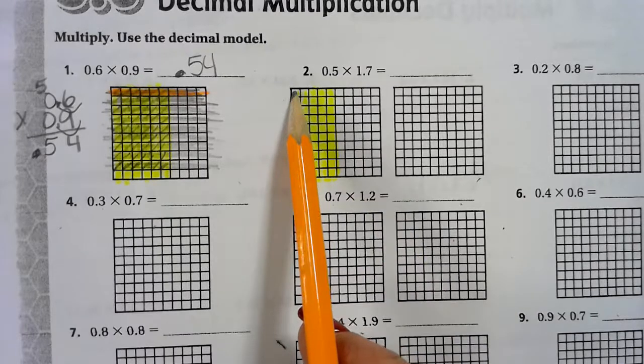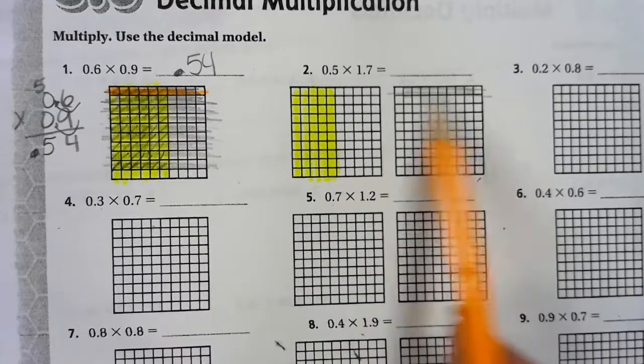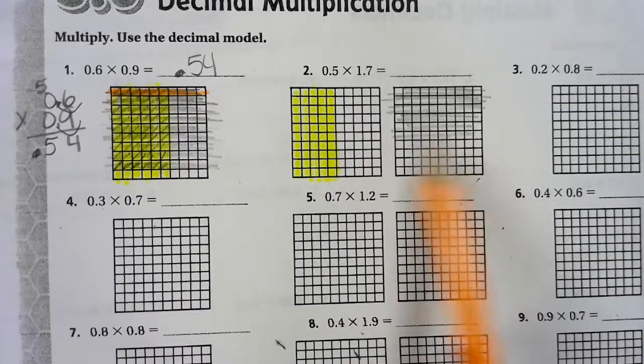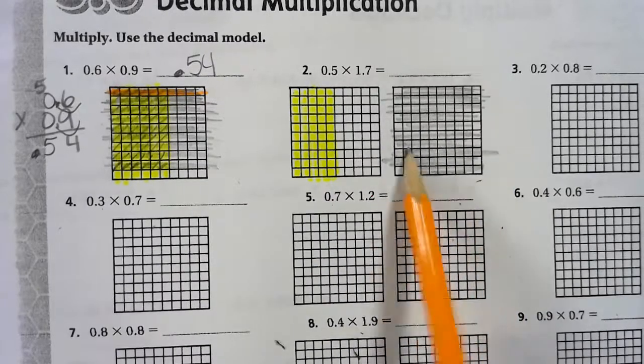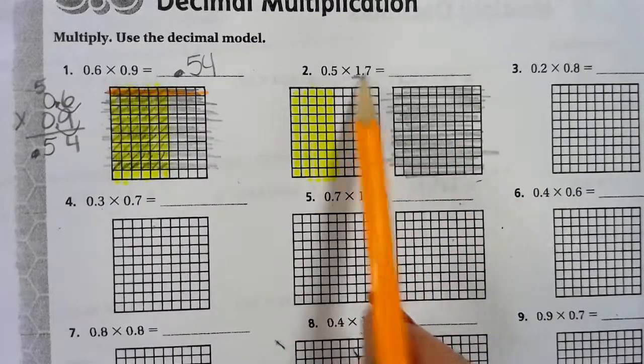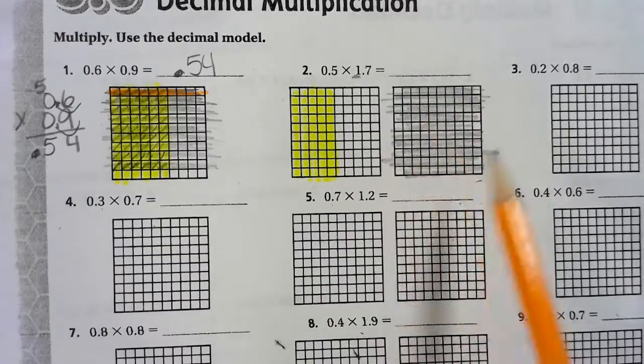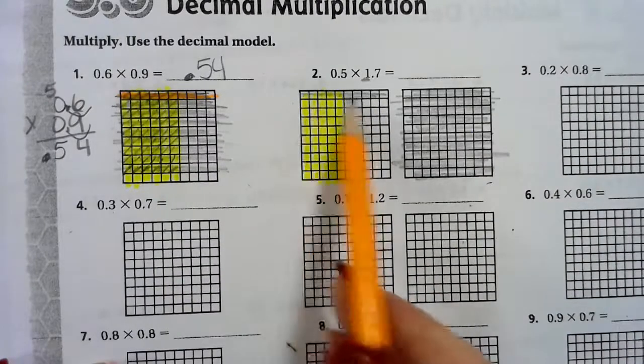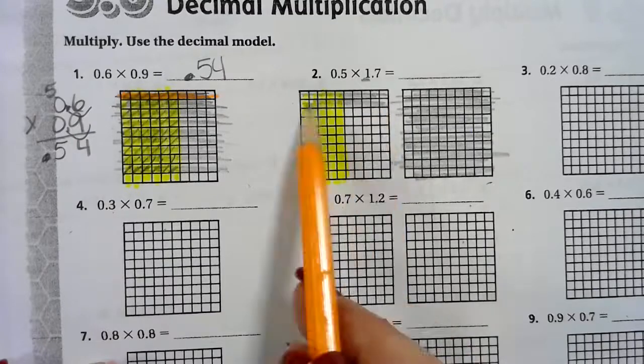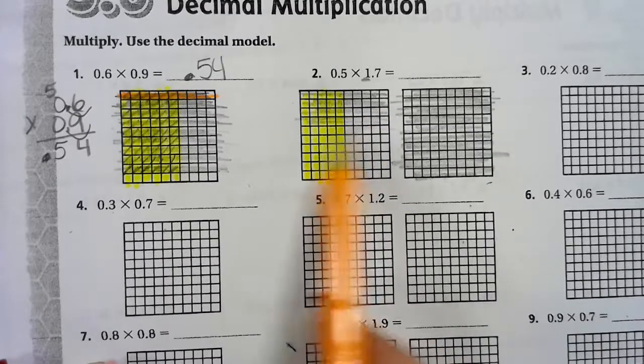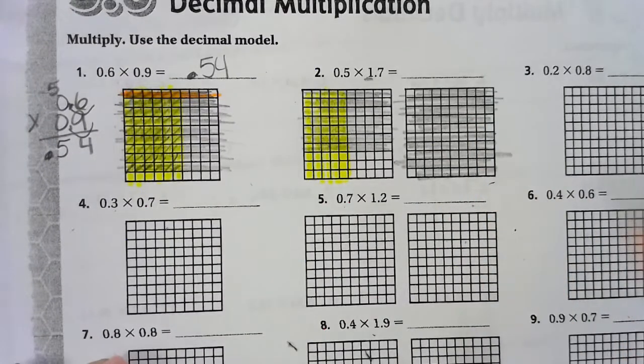So 1 whole, well, that would be this one right here, right? This whole thing over here. 1 whole dollar. That's 100 pennies, right? So I can shade in that whole thing. And then 7/10. That's 10, 20, 30, 40, 50, 60, 70. So my answer is not everything I shaded in, but what is double shaded.